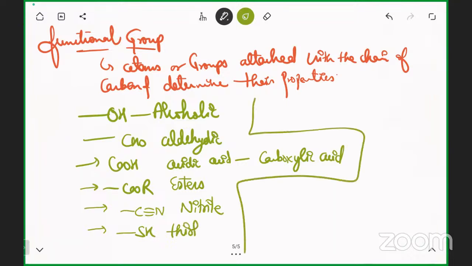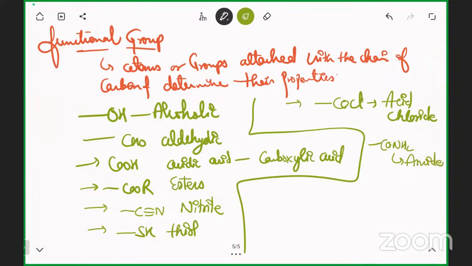Then COCl, that is acid chloride. Then CONH2, that is amide. Then NH2, that is amine. SH, that is called thiol.